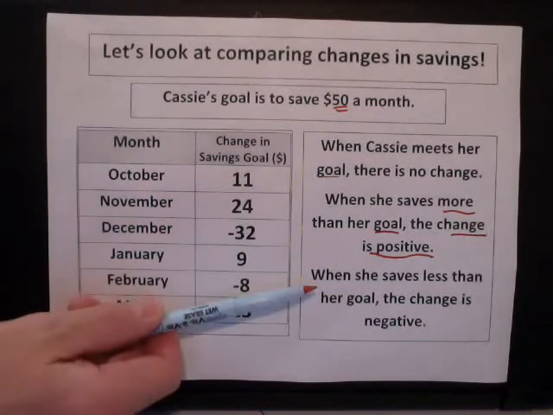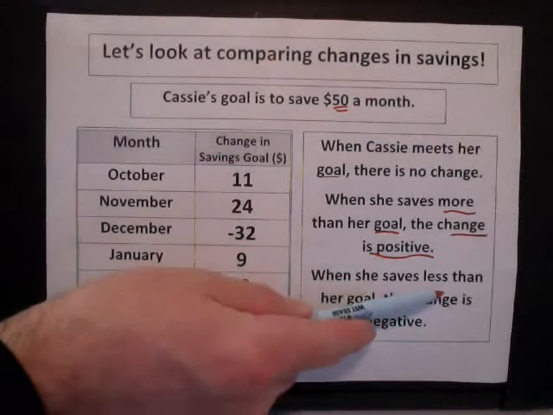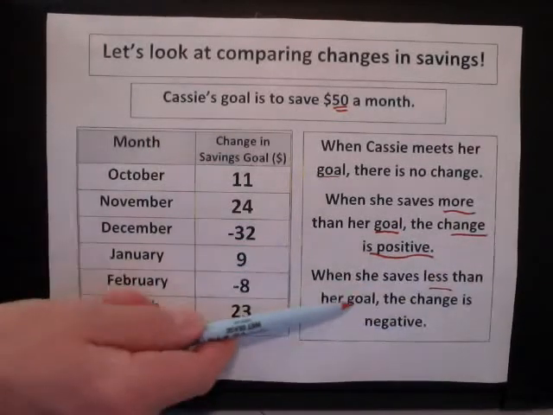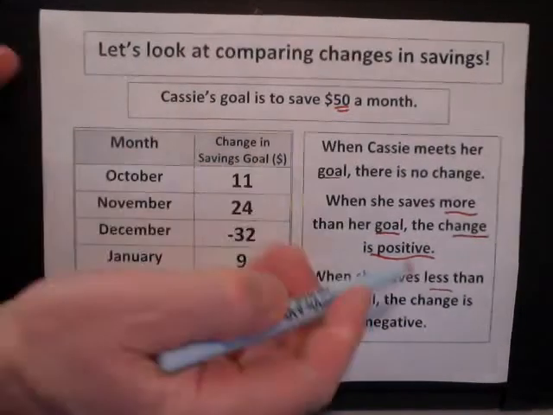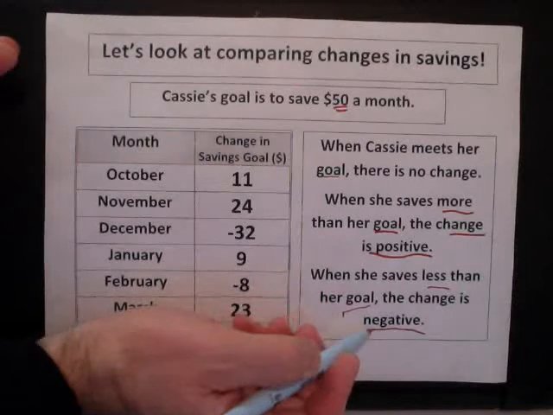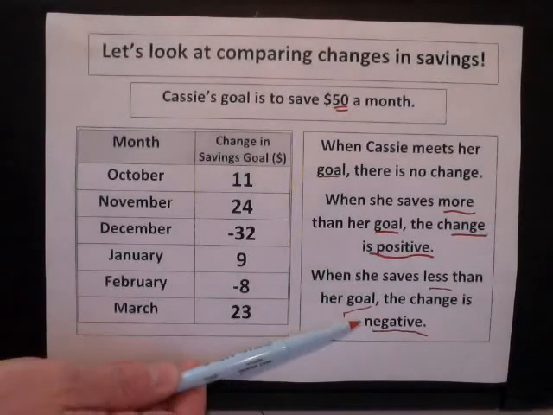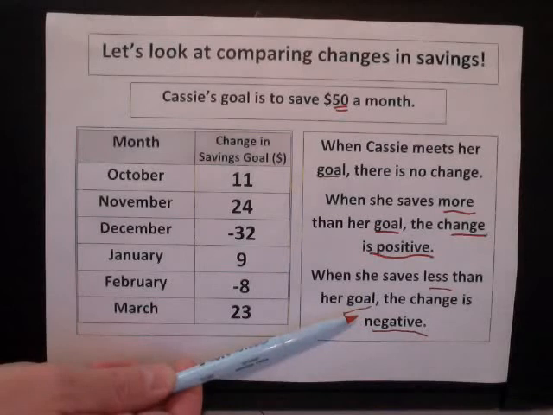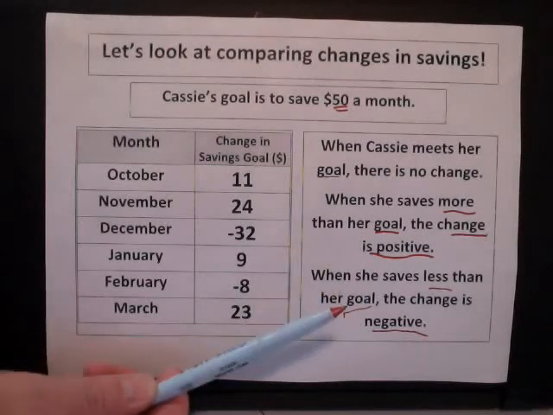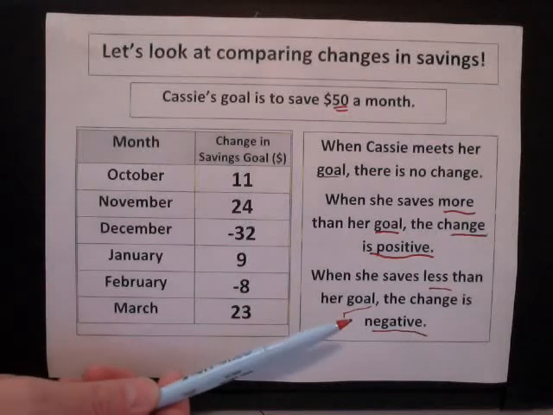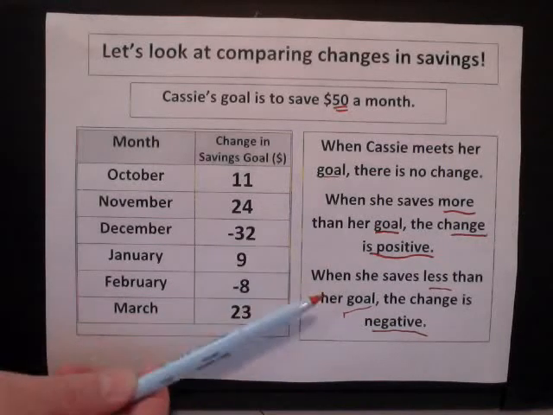When she saves less than her goal, the change is negative. So if she were only able to save $45, she would have a negative 5 change. In other words, it would be a change of $5 that she was unable to save. It would be a negative change.